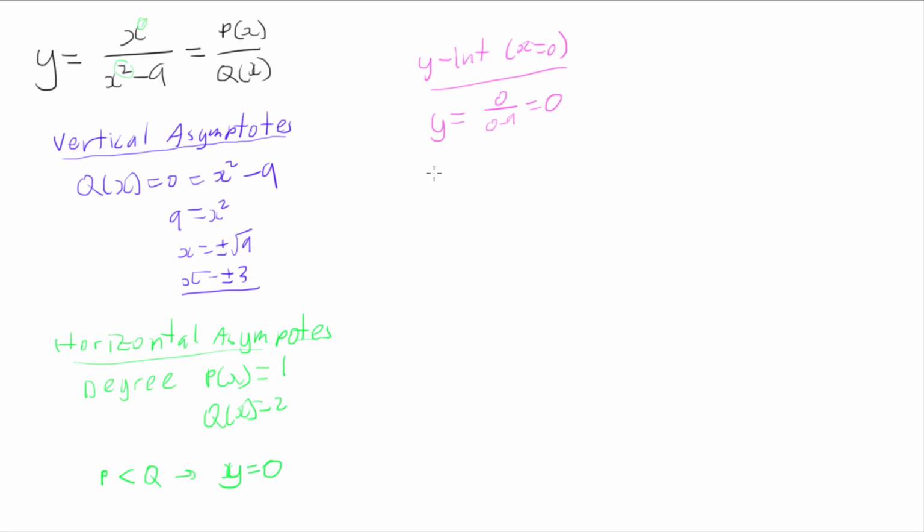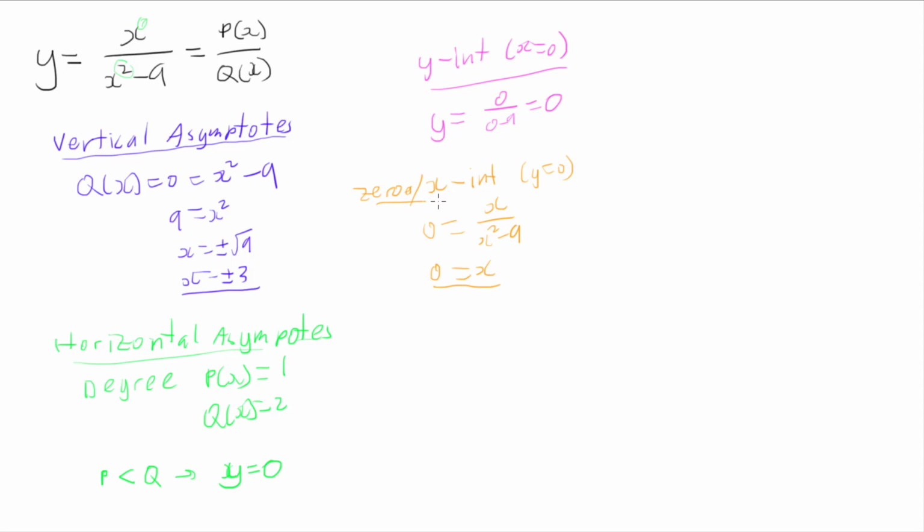If I have a look at the x-intercept, which are also known as zeros of this function, that's when y equals 0. So I've got 0 equals x over x squared minus 9. Multiply the x squared minus 9 up to that 0, and I've got 0 equals x.